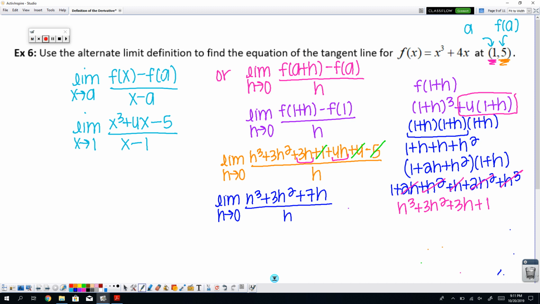Now we're going to factor out an h, so that we can get rid of this h in the bottom. So the limit as h approaches 0 of h times h squared plus 3h plus 7, all over h. Cross out, cross out.